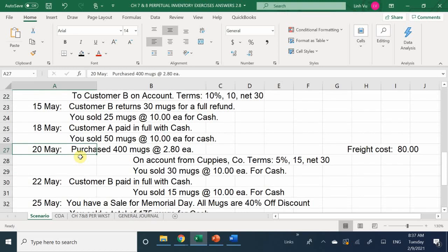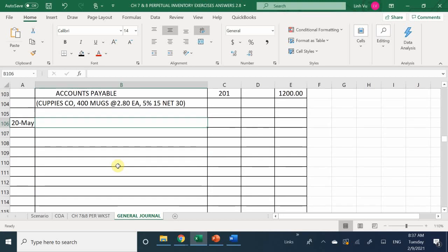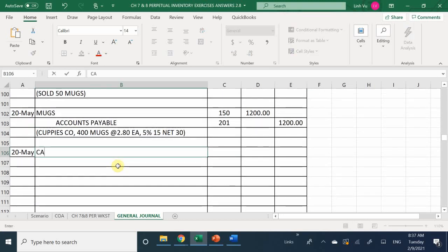So on the same day, what else happened? We sold 30 mugs at $10 each for cash. Good. So what are we going to recognize here? Cash, yes, good. What else?